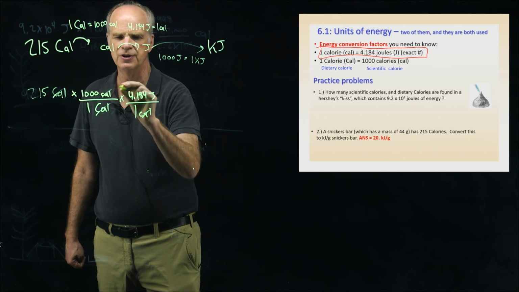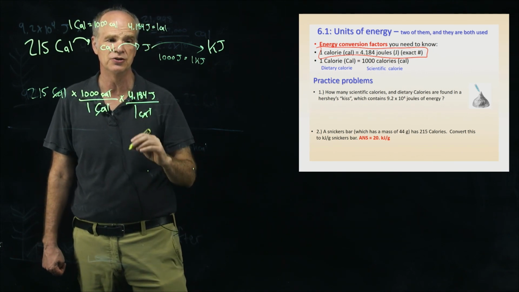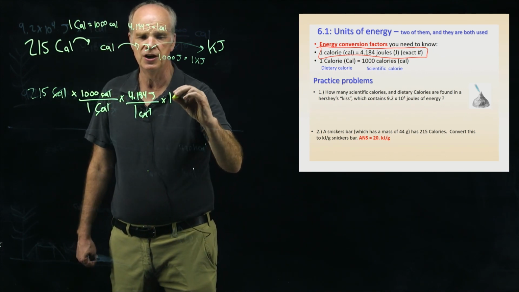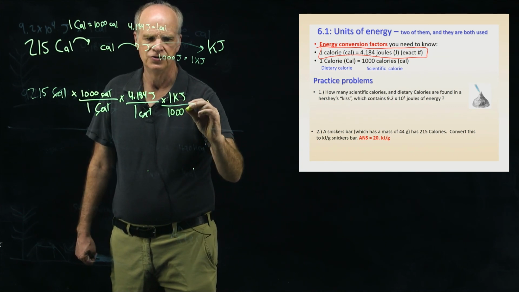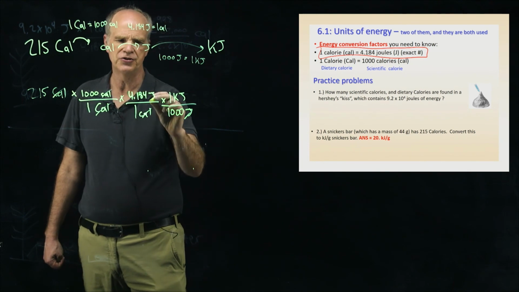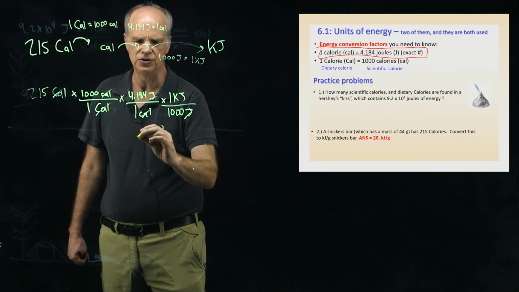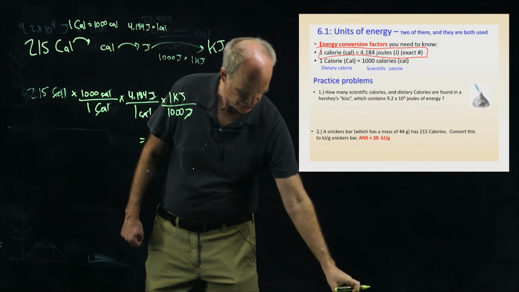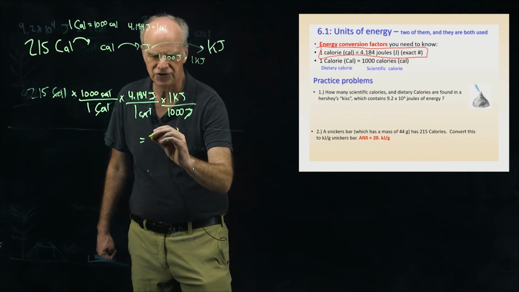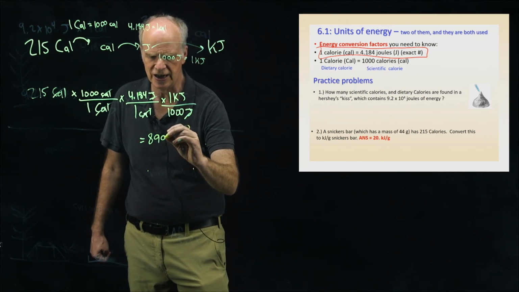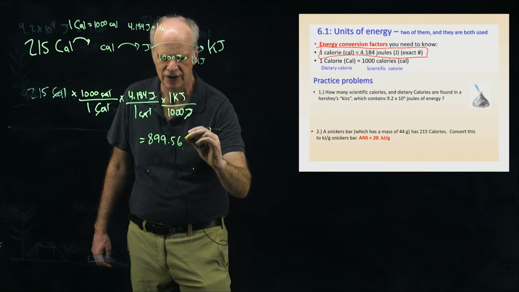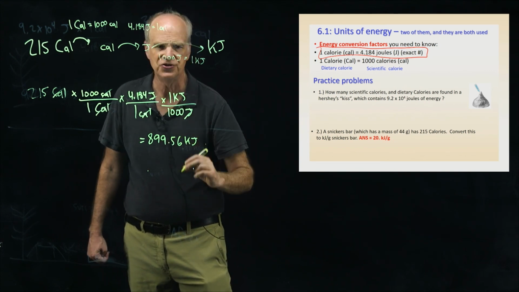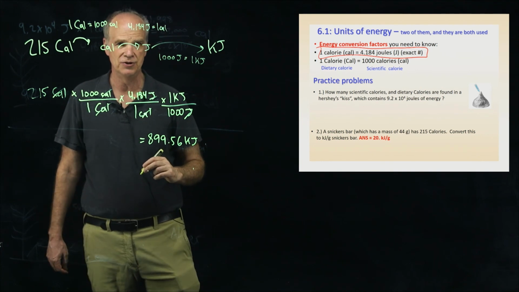That's pretty easy, right? So now we're in joules. Let's get that into kilojoules. It's going to be times 1 kilojoule over 1,000 joules. And so the joules cancel out, and we should have an answer in kilojoules. When I worked this out earlier on my calculator, I got 899.56 kilojoules.